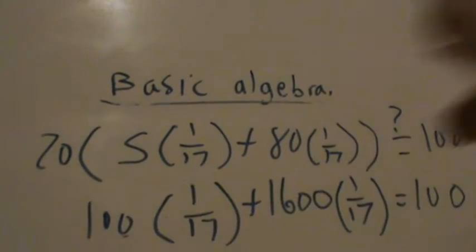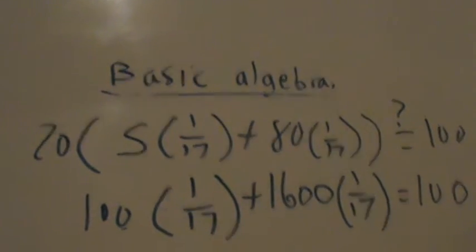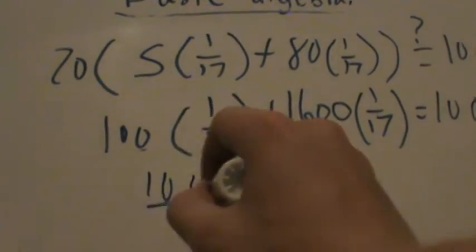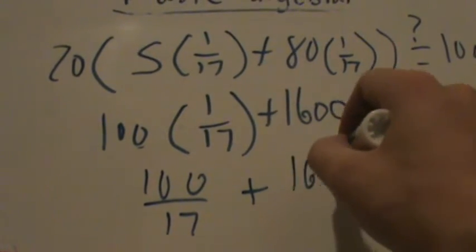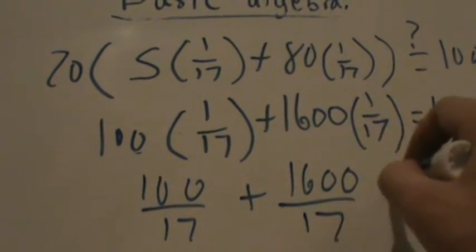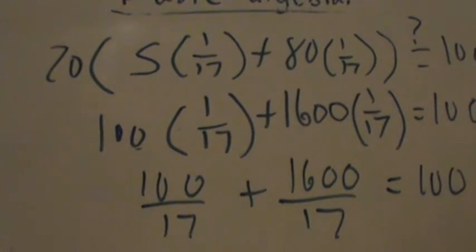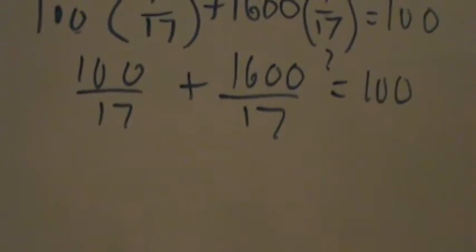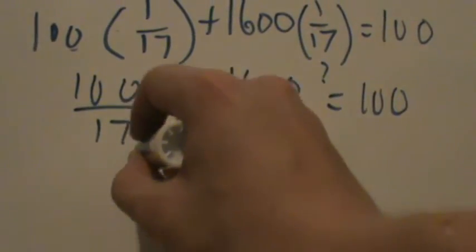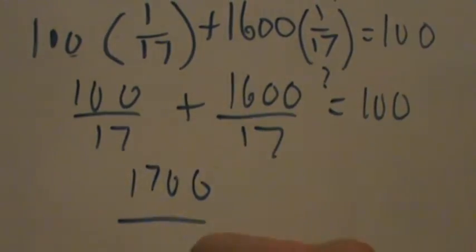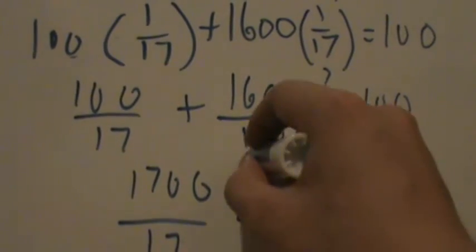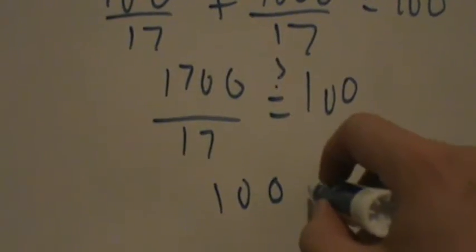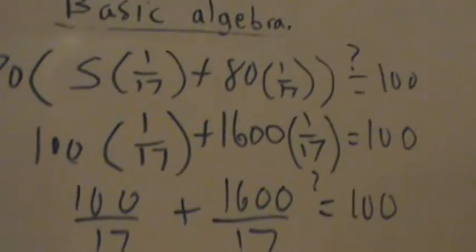If you bring that through, then this is 100/17 plus 1600/17. Does that equal 100? Because they have like denominators, we're fine there. So this is 1700/17. Does that equal 100? Well, 100 surely equals 100. So we proved it correctly.